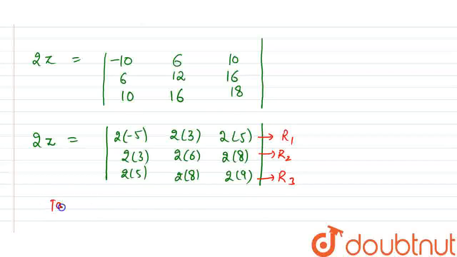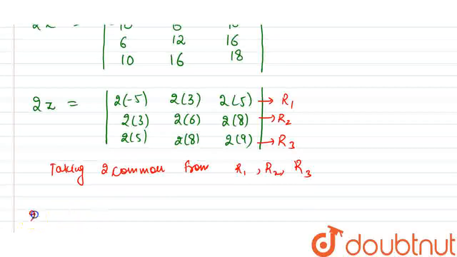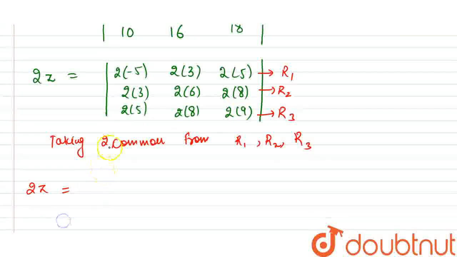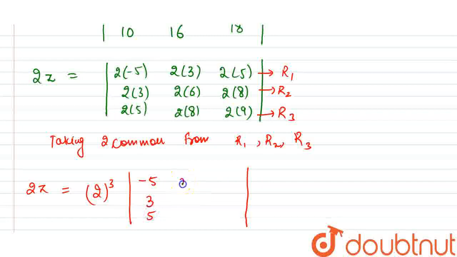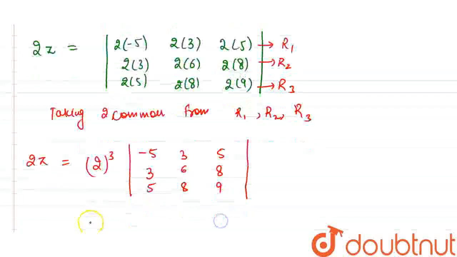Taking 2 common from R1, R2, R3, we will have 2Z equals 2 into 2 into 2, so this is 2 cube, and we are left with the determinant minus 5, 3, 5, 3, 6, 8, 5, 8 and 9.